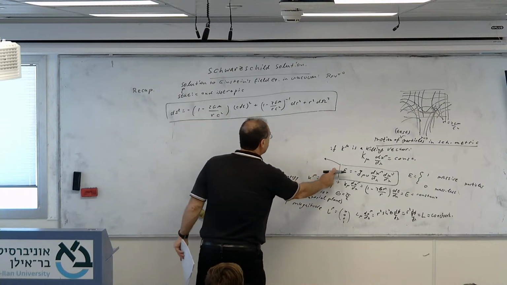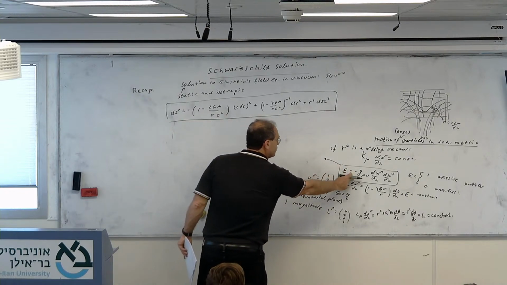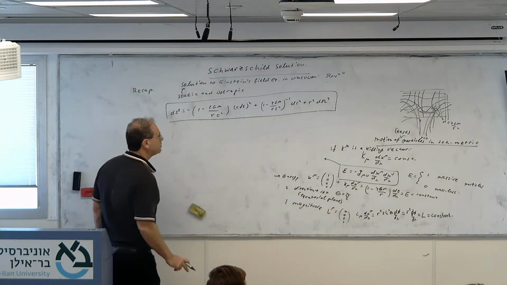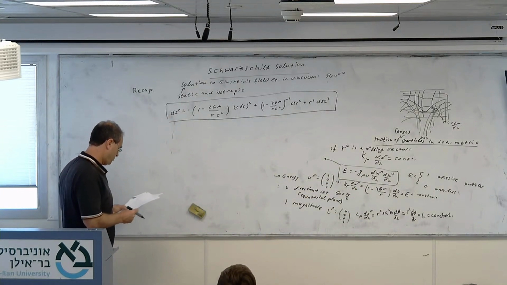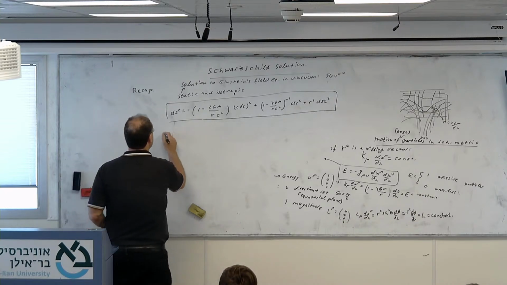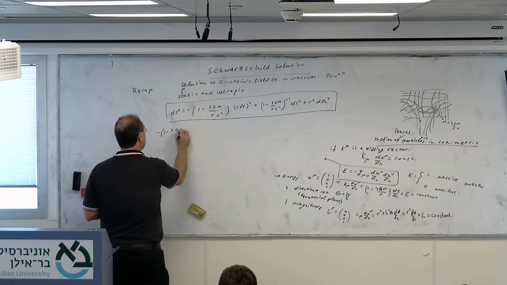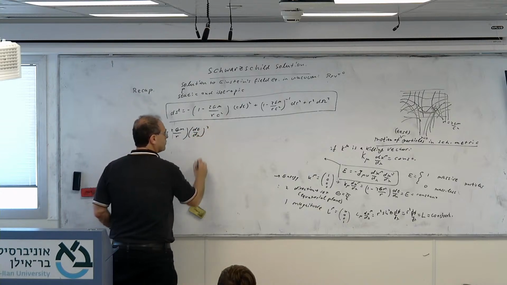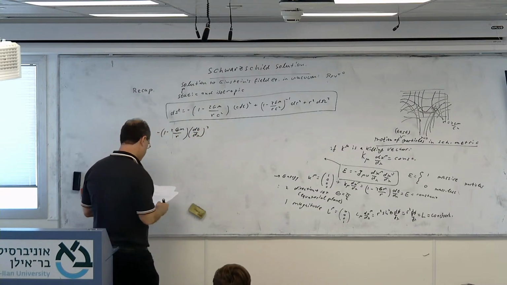Move the minus over here. So you get g mu nu dx mu over d lambda dx nu over d lambda. So g00 is minus (1 minus 2GM over r) times (dt over d lambda) squared. I don't have any cross terms here.